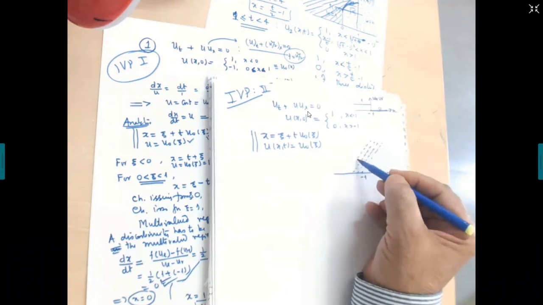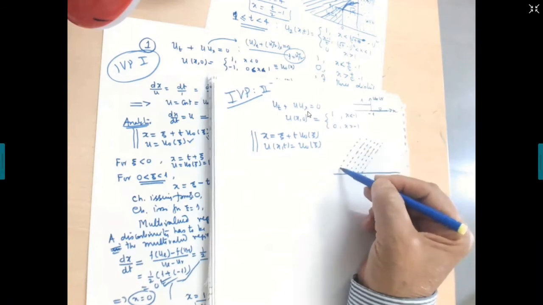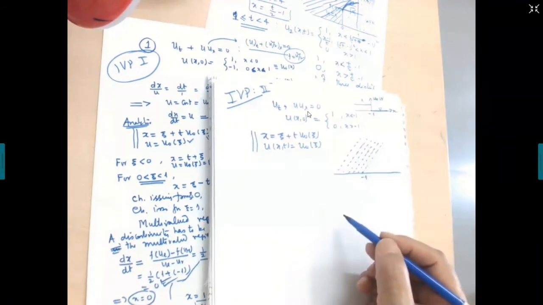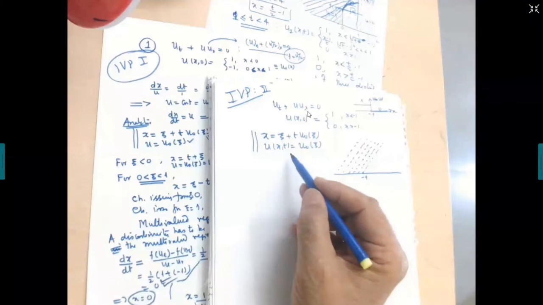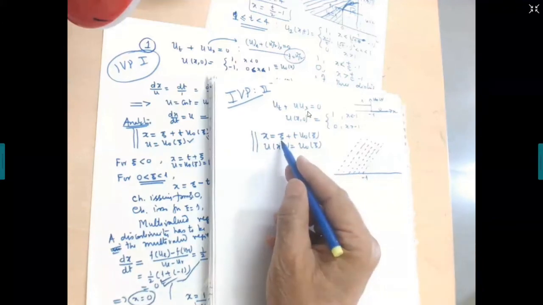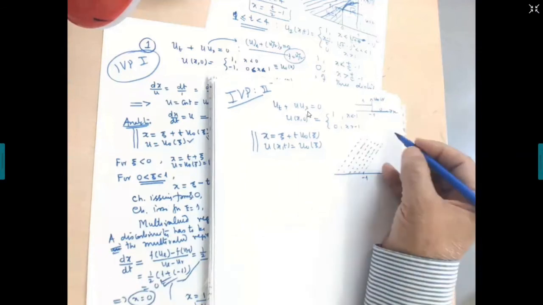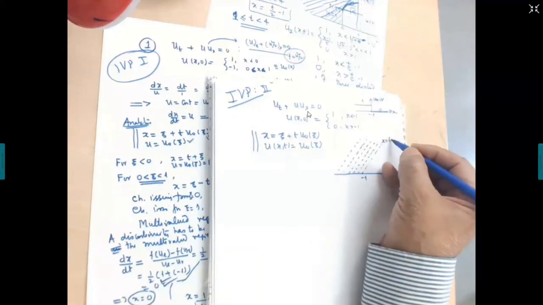What is its equation? x is equal to xi plus t, and xi is minus 1, so x is equal to t minus 1.